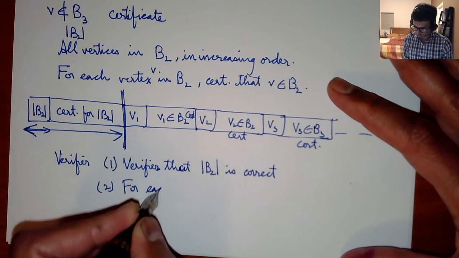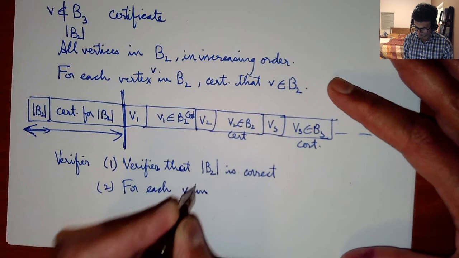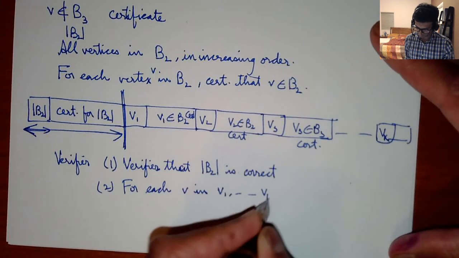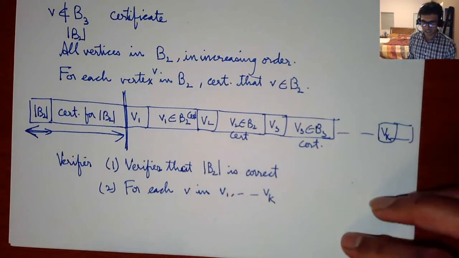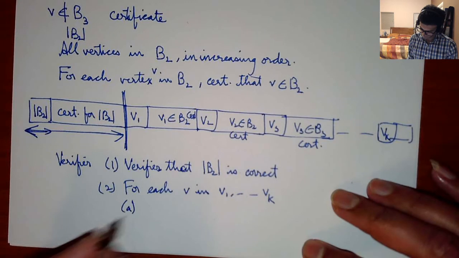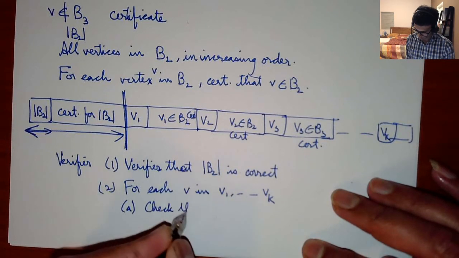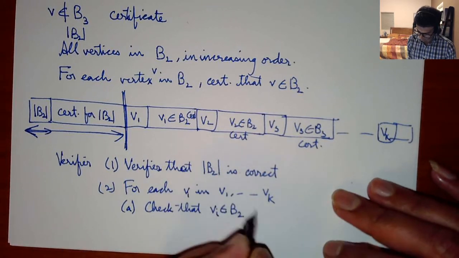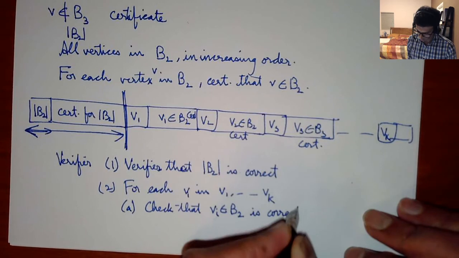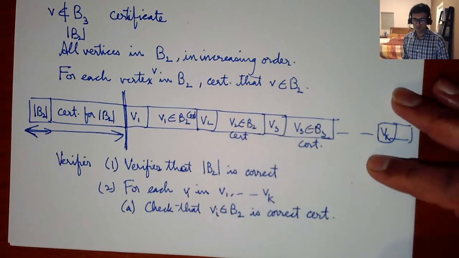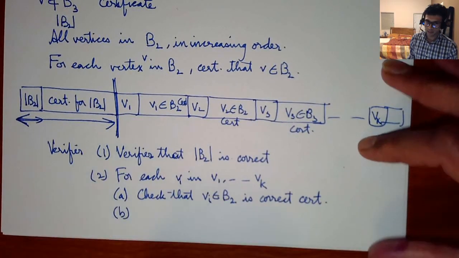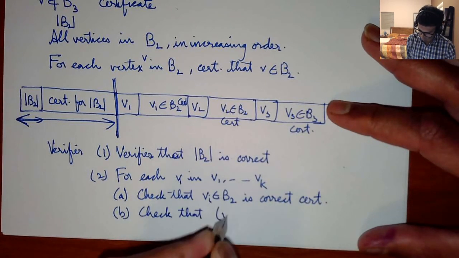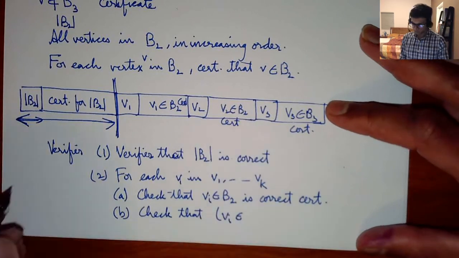Then for each V in V1 to Vk, check that each Vi in B2 has a correct certificate, and then check that ViT is not an edge.